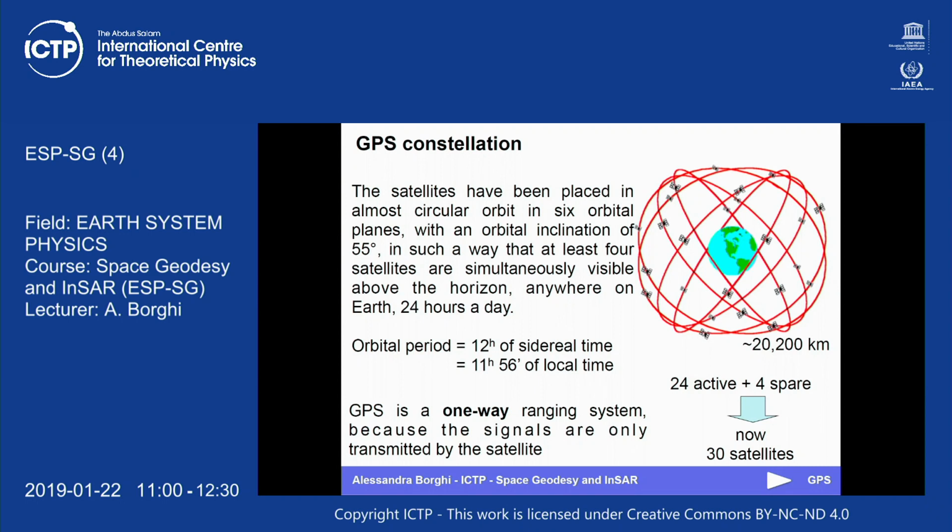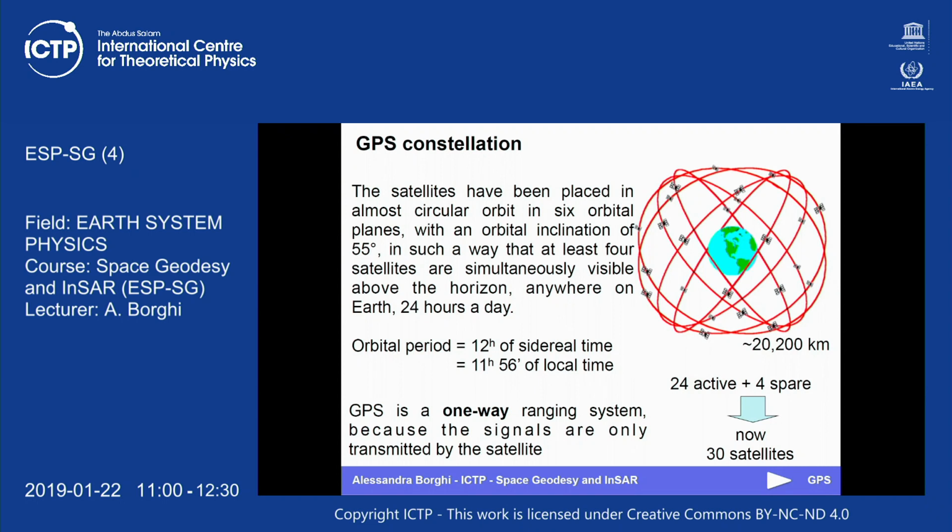The orbital period is 12 hours of sidereal time, 11 hours and 56 minutes of local time. So it means that we can see the same satellite pass over our head twice a day, but with a delay of 4 minutes more or less.